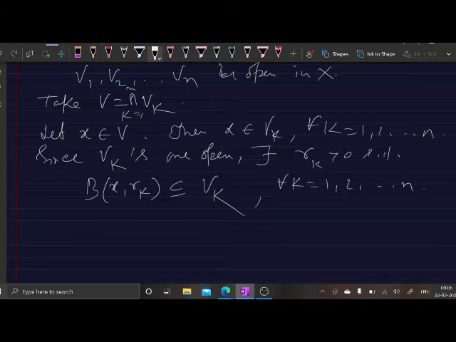Now you have n many positive real numbers. So what should I take? Define r to be the minimum of these r_k.